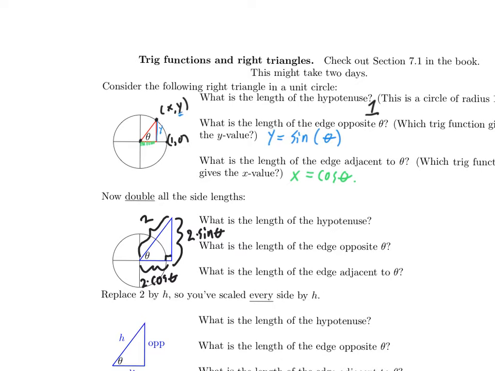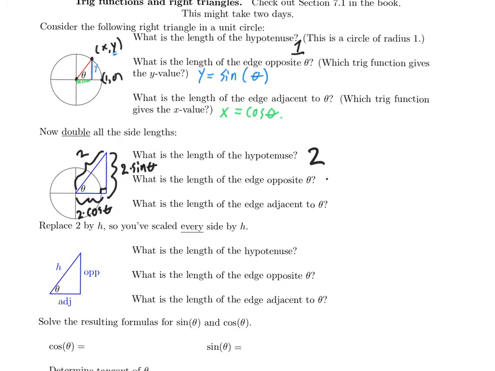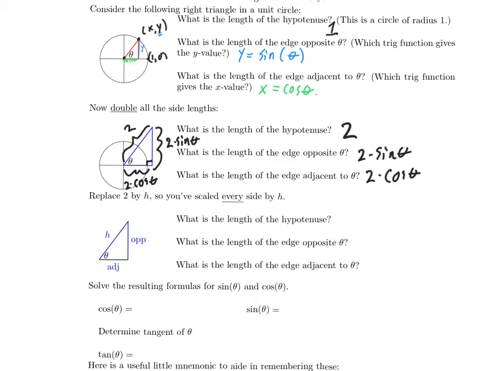Maybe I'll put that there to remind you that this is still a right triangle. Let's write those down. What's the length of the hypotenuse of this triangle? 2. What's the length of the edge opposite? 2 times the sine of theta. What's the length of the side adjacent? 2 times the cosine of theta. That's what happens when you rescale everything by a factor of 2.